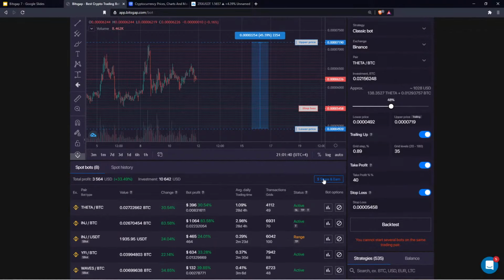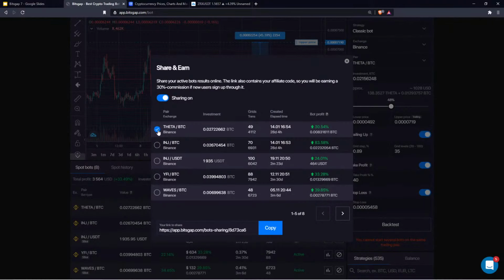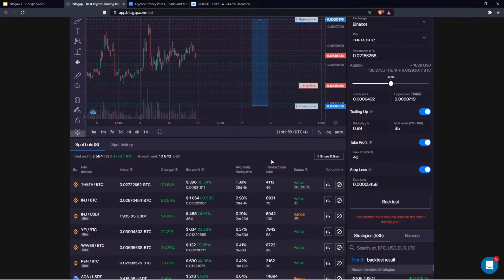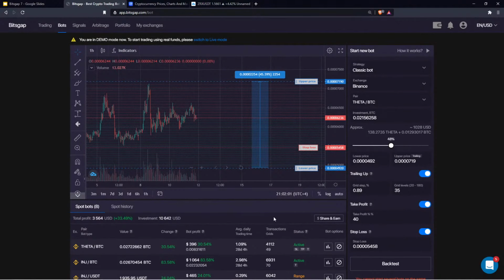And by the way, you can always share the results with your friends, or if you want to monetize on your brand, then you can always share your results with your community that will basically follow your trading setup. Okay, that's another cool thing that we have. And yeah, that's the sandbox for you to experiment.